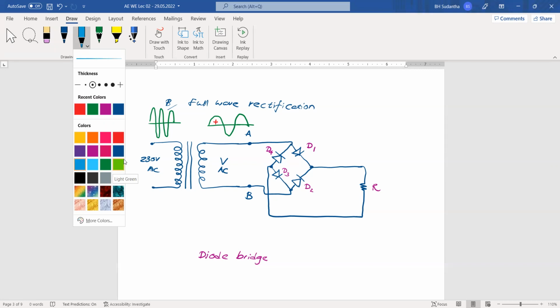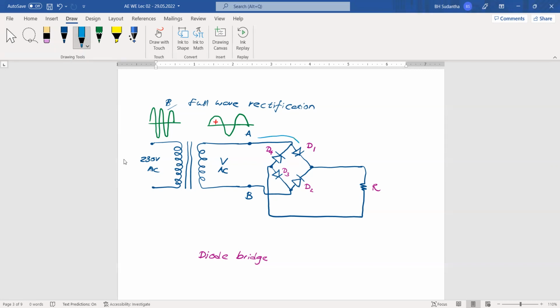This is the way in this positive cycle. It can go through this one and through this. It can come up here, and after that it can go like this.